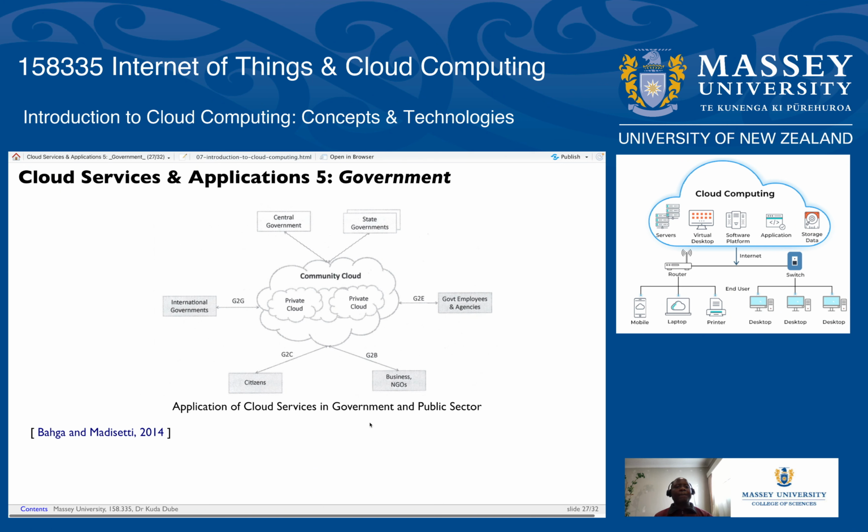Right, cloud services. Now let's look at government. Government is a typical example where you have private and public cloud and a lot of things in between. You may have the central government and the state governments, and also government employees and agencies, in other words, government to employee, and also international, where you have government to government, and then government to citizens, and government to business.